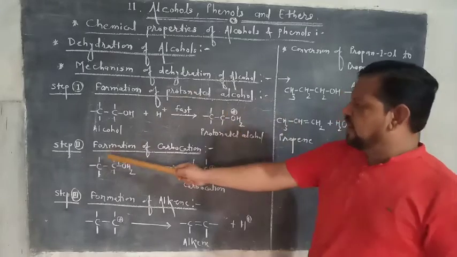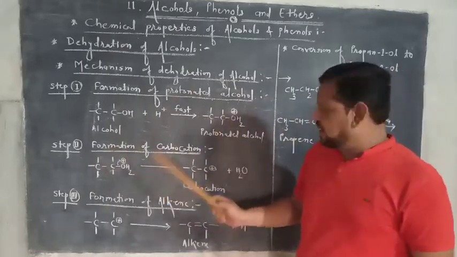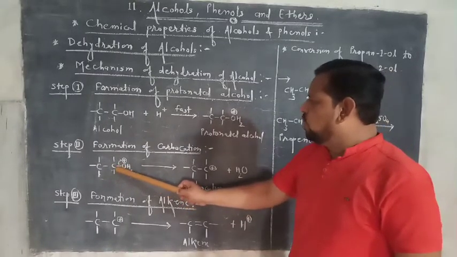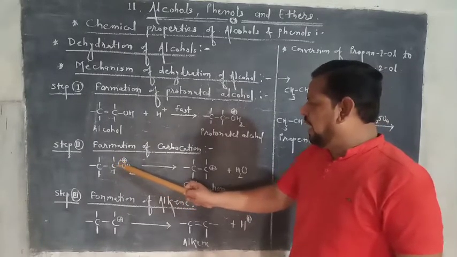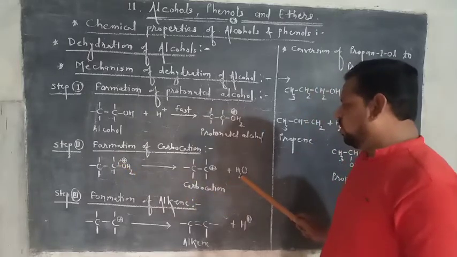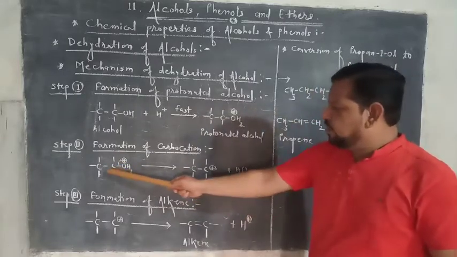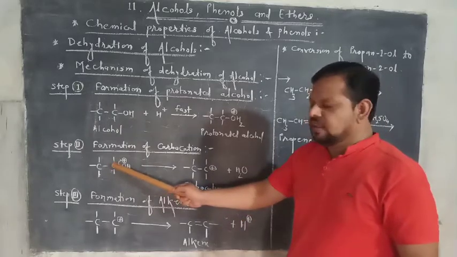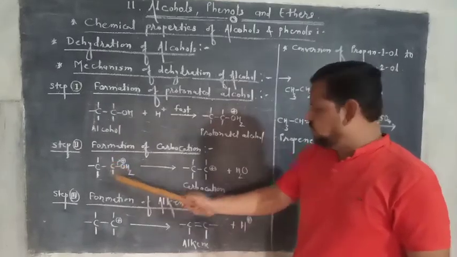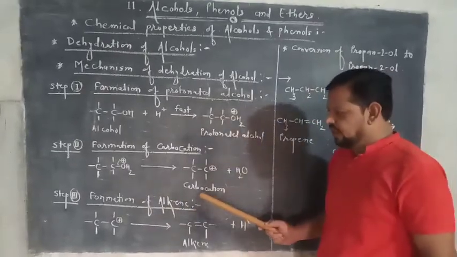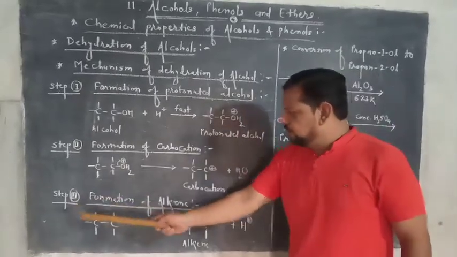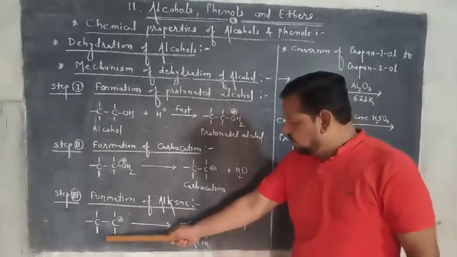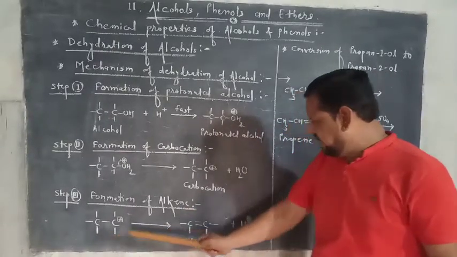In the second step, formation of carbocation from this protonated alcohol, this bond breaks up and it gives the water molecule, and the remaining portion is the carbocation. On this carbon, it acquires one positive charge and it gives the carbocation. Then the third step is the formation of alkene.